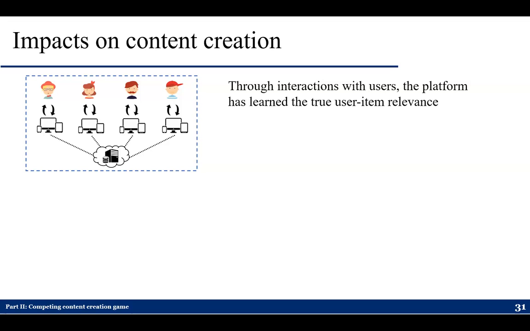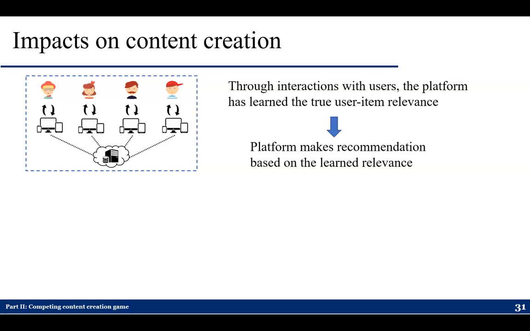We can think of it in this way. Through this interaction with the user, the platform can learn the true user-item relevance. It can learn that unknown function f we mentioned earlier. Now that the server knows what every user likes, it simply makes recommendations based on this learned relevance. It will simply recommend whatever the user likes most.